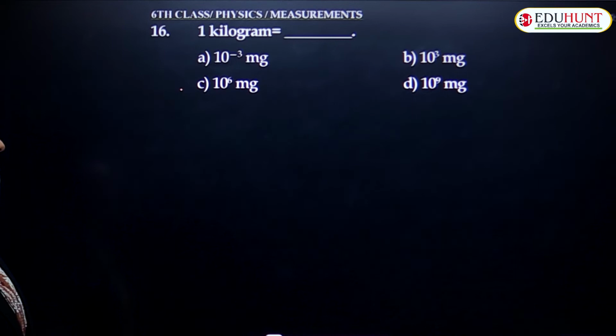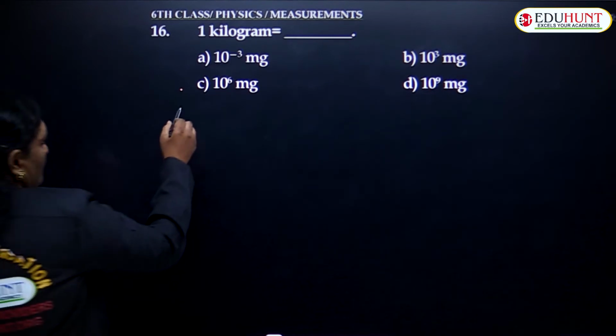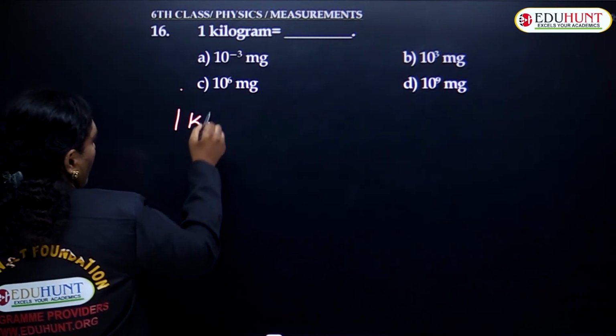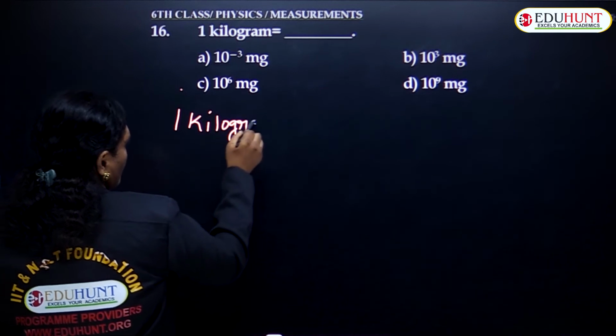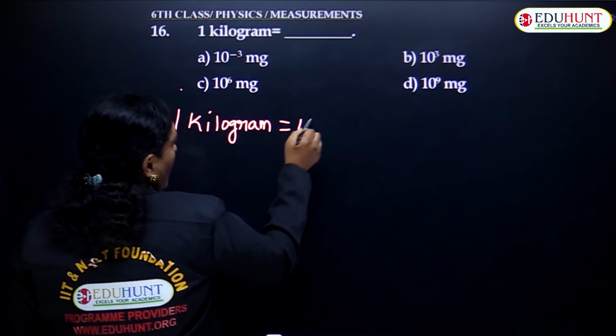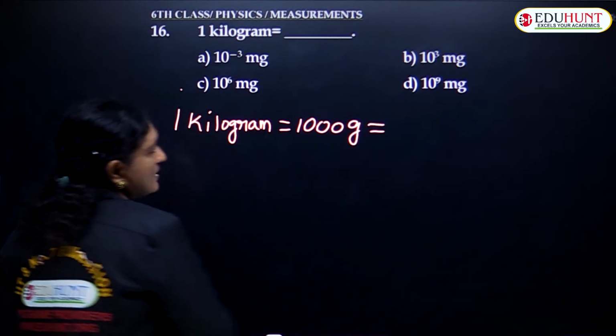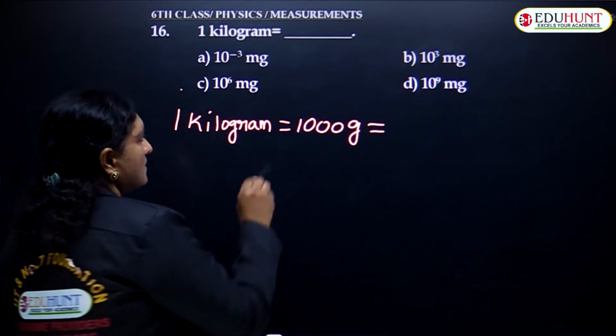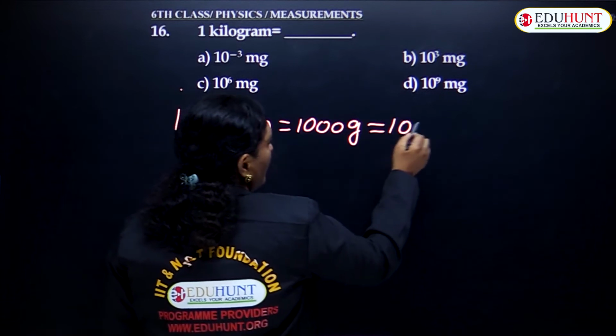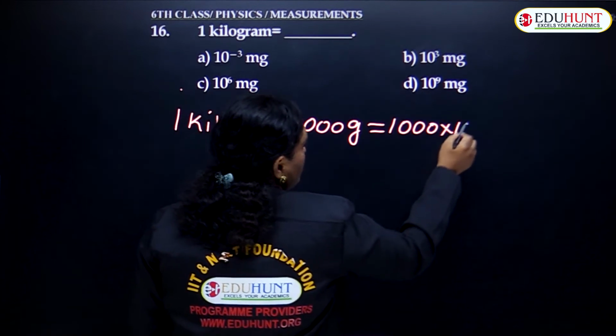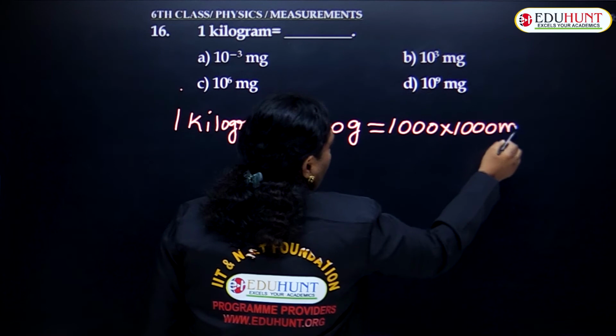Next, 1 kilogram you need to convert into milligrams. So children, 1 kilogram is equal to 1000 gram. In the beginning of the chapter, we already told you. So 1000 grams, and every gram can be written as 1000 milligram.